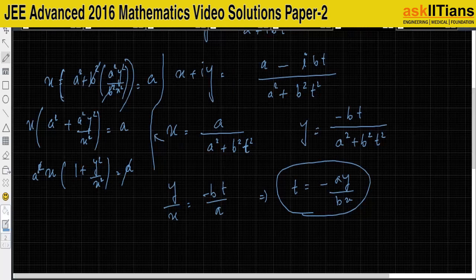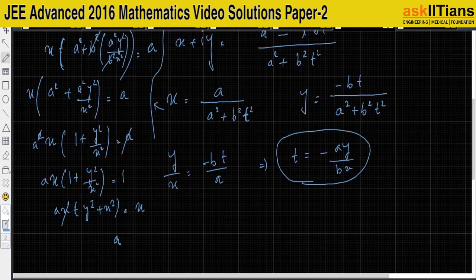So a will get cancelled, so a x into 1 plus y square by x square is equal to 1, right? So from here I can take LCM, I'll get y square plus x square equal to x square, right? So x will get cancelled, so I'll just write x.